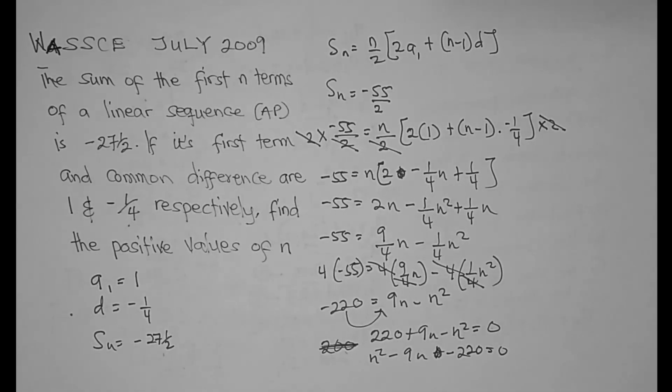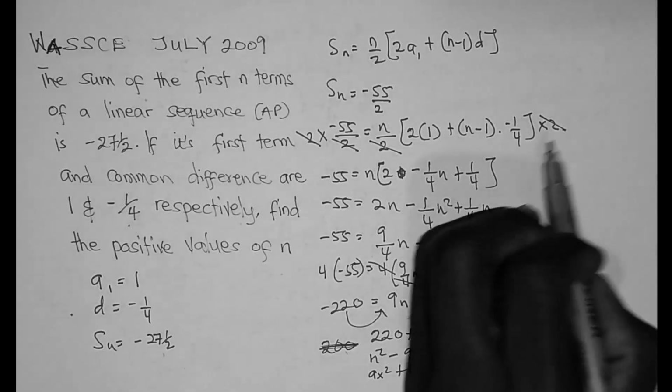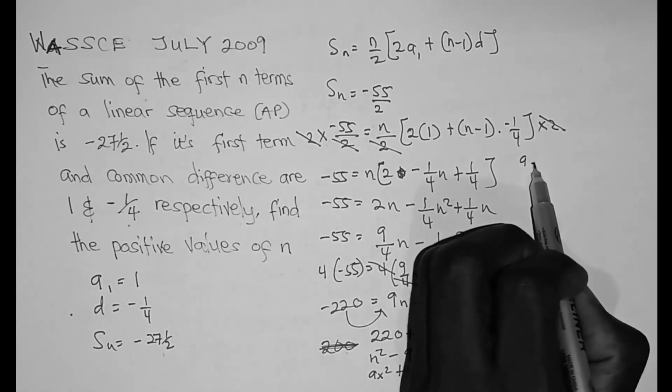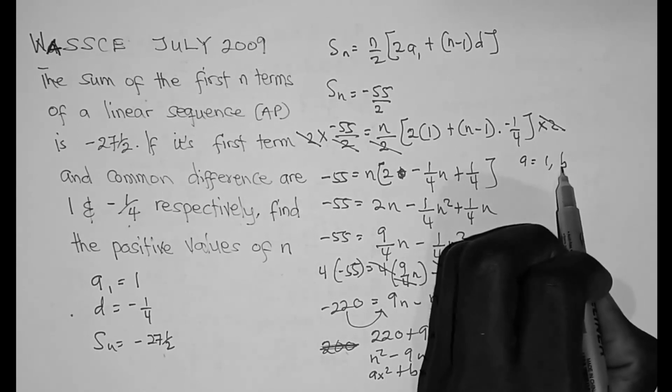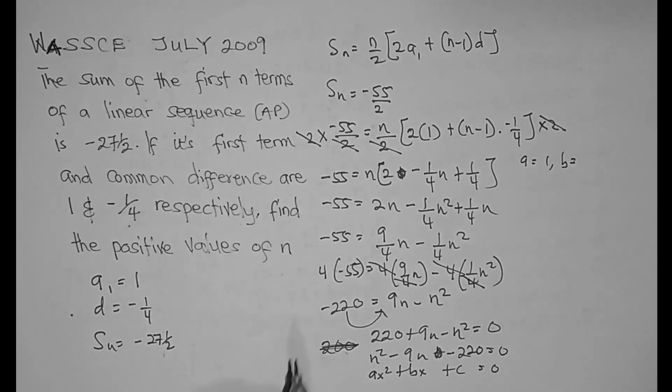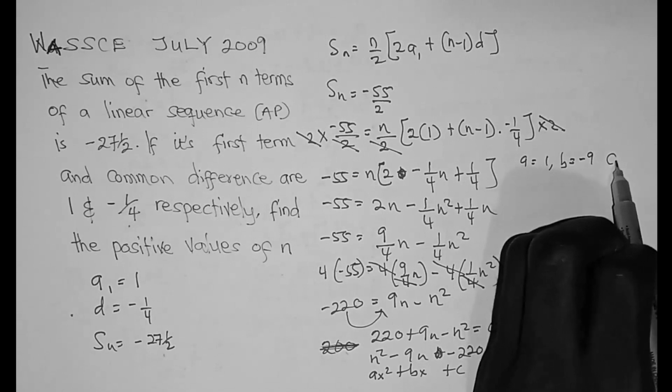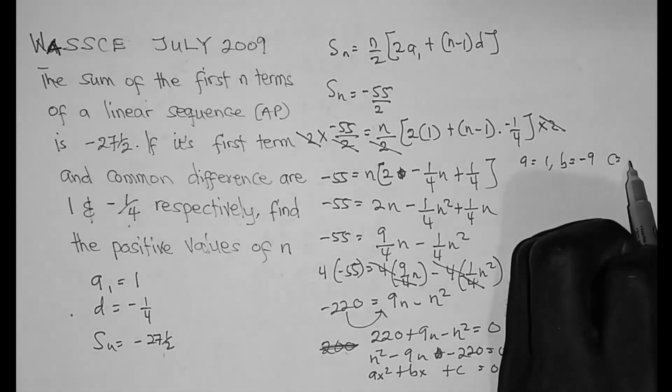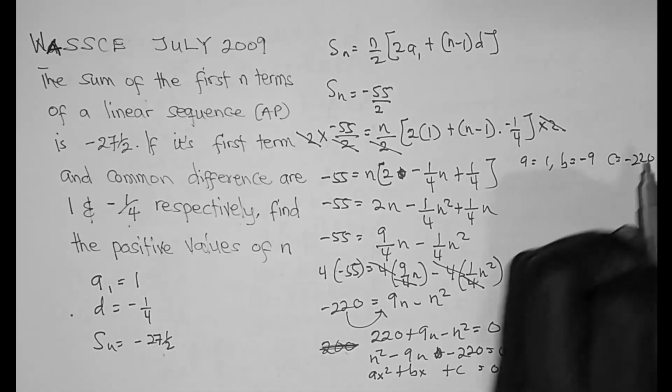So we see that in this case too, it is of the form ax squared plus bx plus c is equal to 0. And therefore in this case, a is equal to 1, b is equal to minus 9, and then c is equal to minus 220.